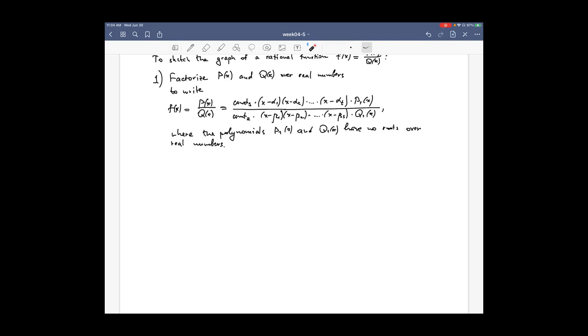Now, how do you find this factorization? Very often you will use the rational root theorem. Then you would use polynomial division, and again the rational root theorem, and again polynomial division.